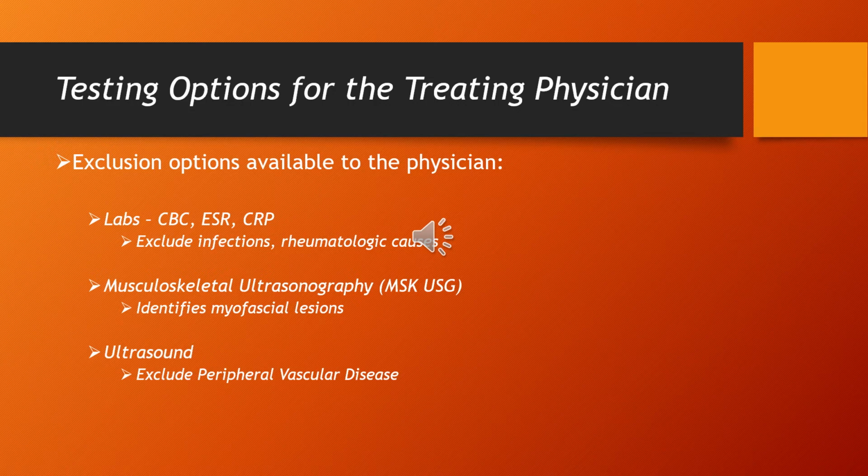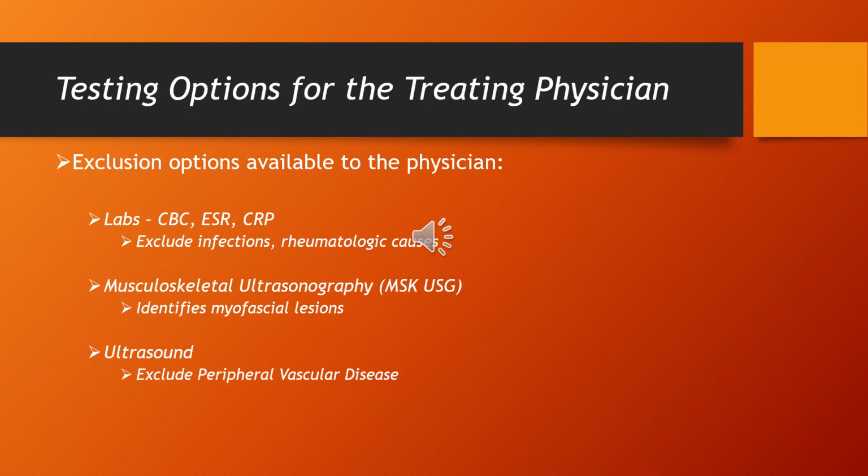Frankly, those are all you would be able to see if there's inflammation, an increase in the white blood cells, and also just those markers of the ESR and CRP. They're not going to confirm CRPS, but you rule out the possibility of infections, rheumatologic causes, and the like.